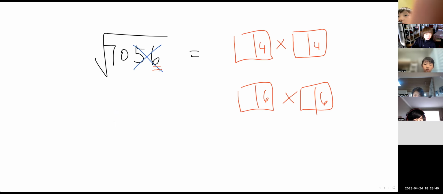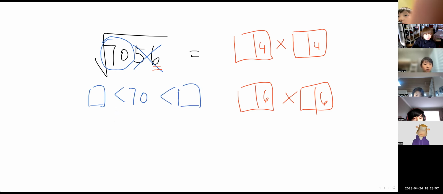Okay, so take away the last digit. Why? Because the last digit is determined by the last digit. Now let's look at the first two digits; they relate to the tens digit. Understand? So 70, Ethan, let me ask you, it's bigger than what and smaller than what? Square root 64 and square root 81. No, 70. Oh, square root of 70?